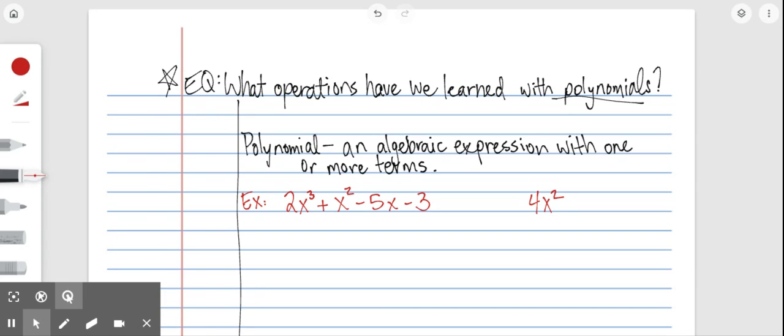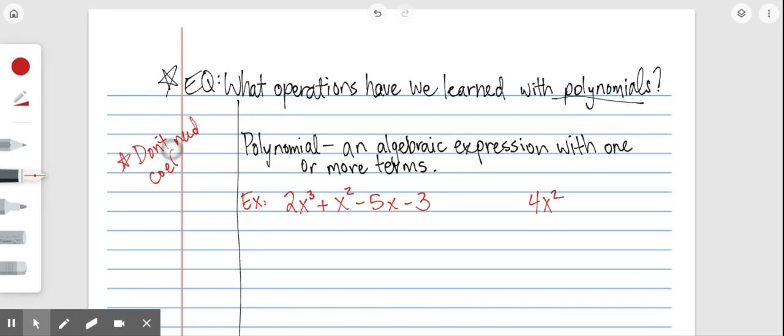Some important things to note about polynomials is that they don't need coefficients. Like you could have a polynomial that only has an x term. Sorry, you guys. Sometimes my words.